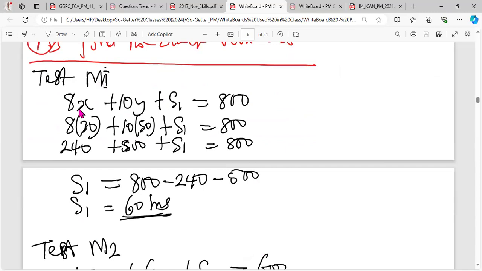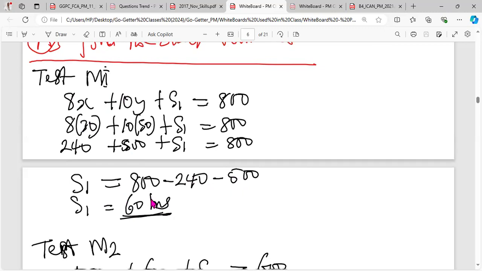So when we slot it for M1, we found out that about 740 hours was used, remaining 60 hours. 60 hours was the slack, unused hours.